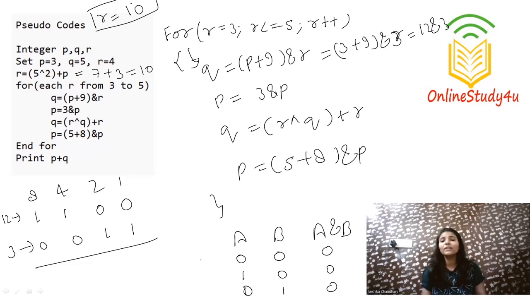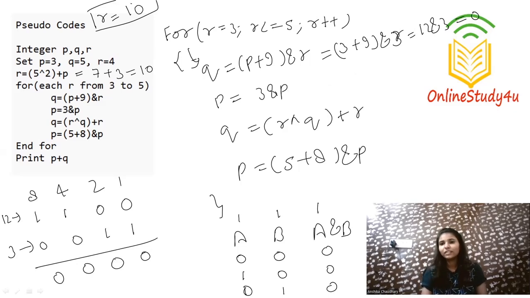And if both the values of A and B are 1, then only it will give 1, right? So from here we can see that this is 0 and this is 1. So the AND operation of 0 and 1 will be 0 only. And from here again this will be 0 only. Again here both values are different, so it will again give 0 and again 0. So the AND operation of 12 and 3 will be 0, right?